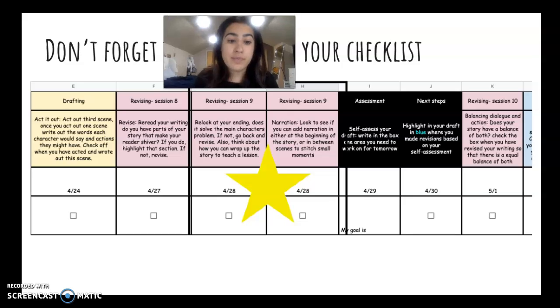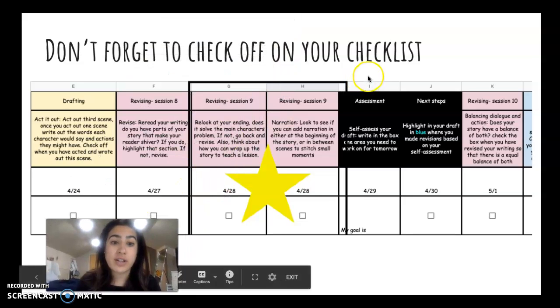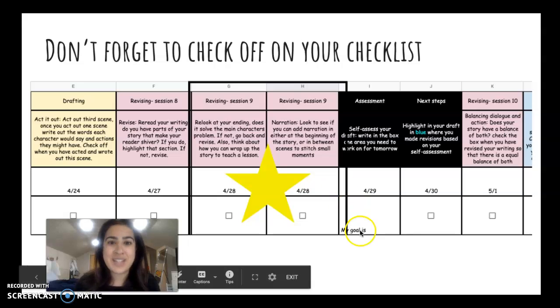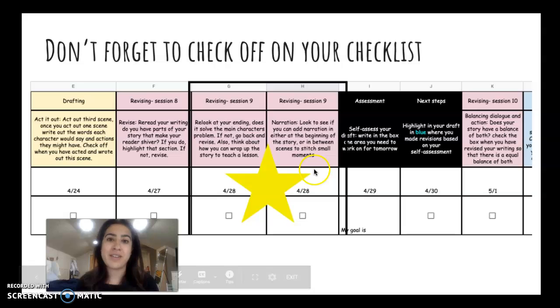Don't forget, though, to check off on your checklist today's session of session 9 after you have relooked at your ending and revised, and relooked at your narration and revised. And so then you know that tomorrow we're going into self-assessment, and you want to be at your very best writing by the end of today so that when you assess tomorrow, you can really just focus on one or two areas that you might still need to work on.